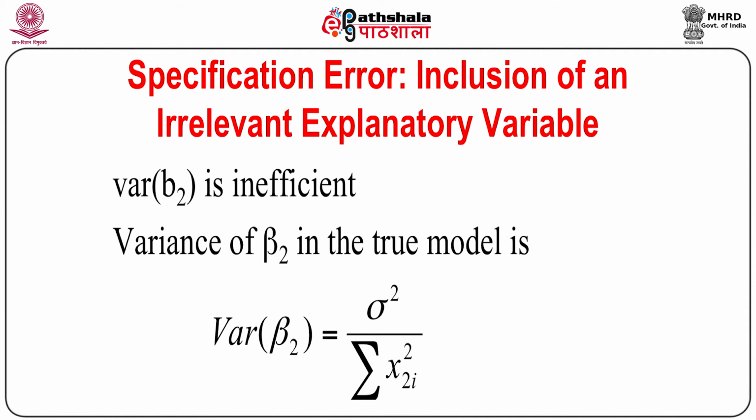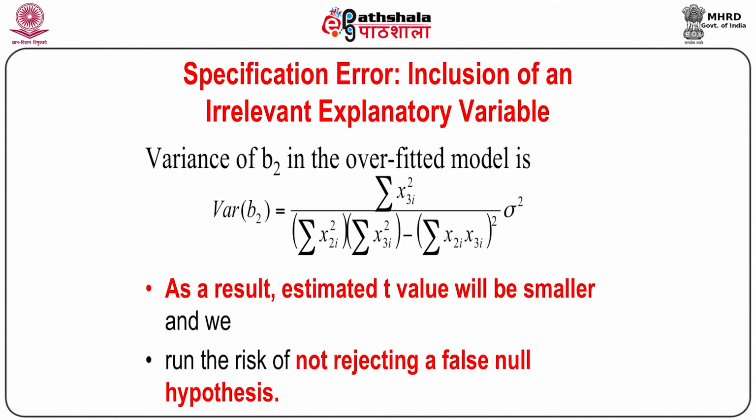Now, this basically implies that the variance of beta 2 is inefficient. The variance of beta 2 in the true model is sigma square divided by sigma x2i square, and the variance of b2 in the overfitted model equals sigma x3i square divided by sigma x2i square sigma x3i square minus sigma x2i x3i whole square, multiplied by sigma square.